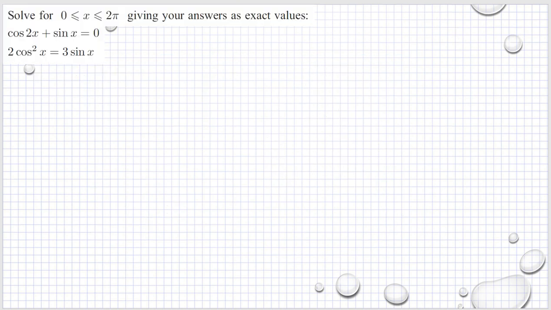Okay, let's solve some more. Solve for x now, giving your answers as exact values. We can start with the first one. We have cosine 2x plus sine x is equal to 0. But we know that cosine 2x is equal to cosine squared x minus sine squared x.